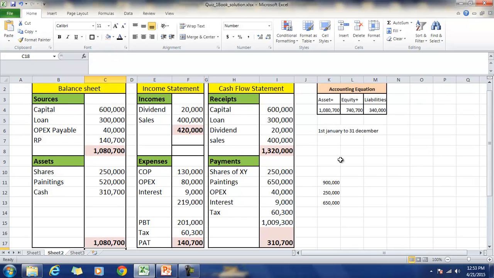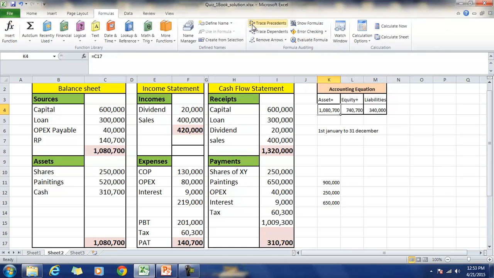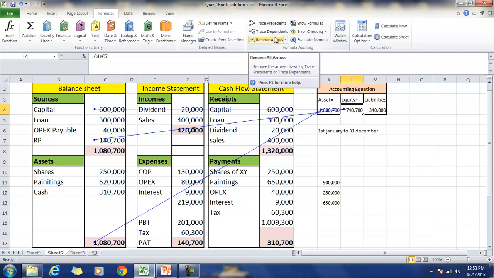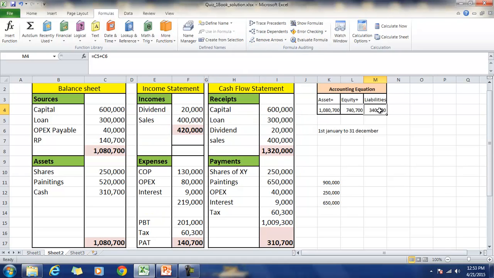So by the end of the period, the business had total assets of 1.08 million, supported by equity of capital and the retained profit, and liabilities are the loan and the operating expense payable.